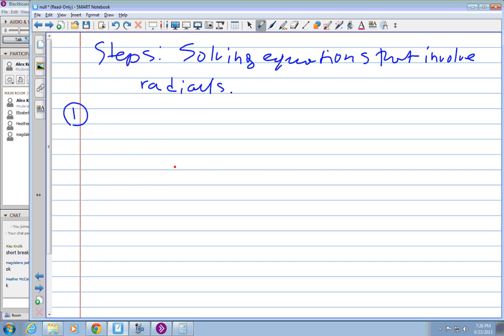You just want to get a radical on one side of the equation and don't care what's on the other side of the equation. So first step is to isolate the radical. So square root or cube root just by itself on one side of the equation.